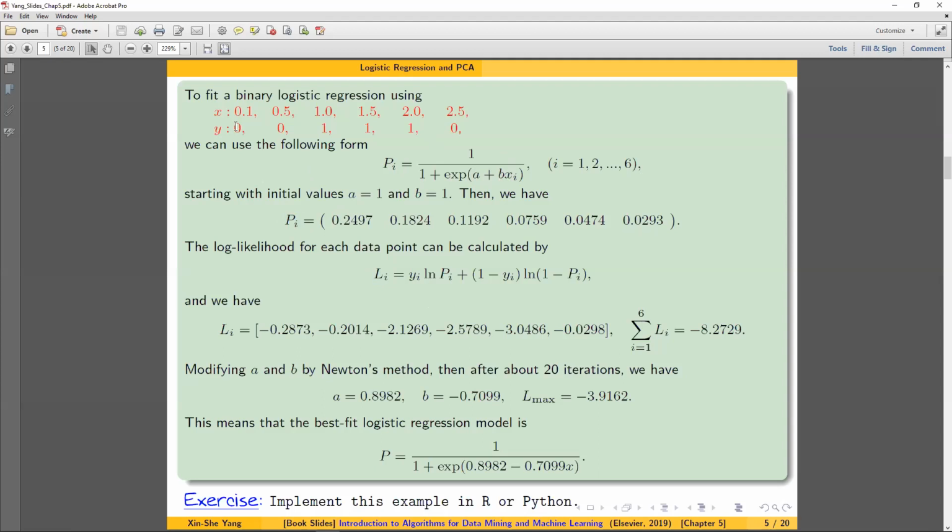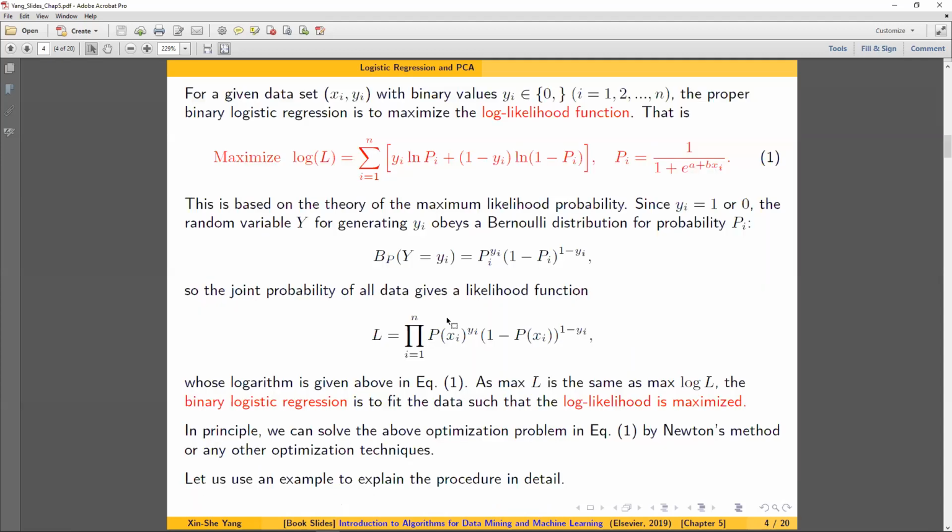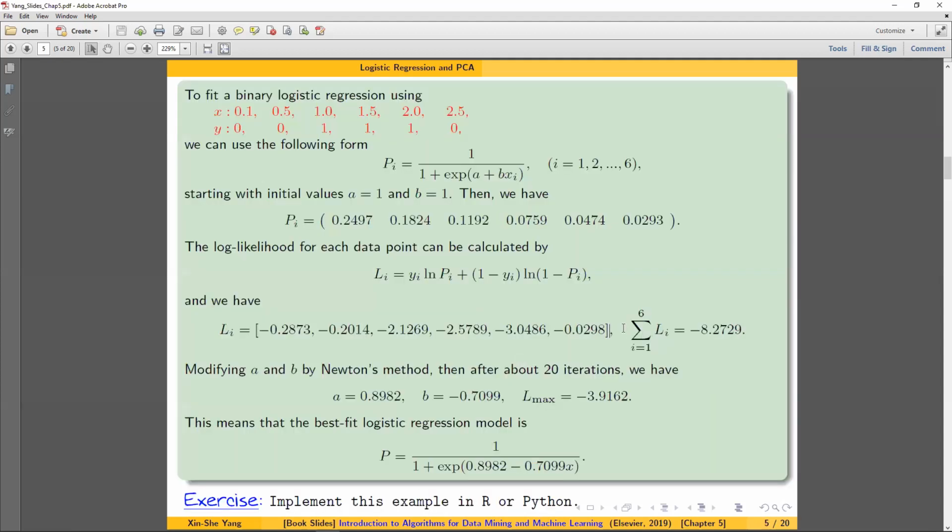We use yi times Pi for each one, and (1 minus yi) times (1 minus Pi), so we get the first one, and then we can get every single one of them. The next step, here should really not be a sum. We should be looking at multiplication. So this is a typo here. I'll tell the textbook writer, Dr. Yang, to make some revision.